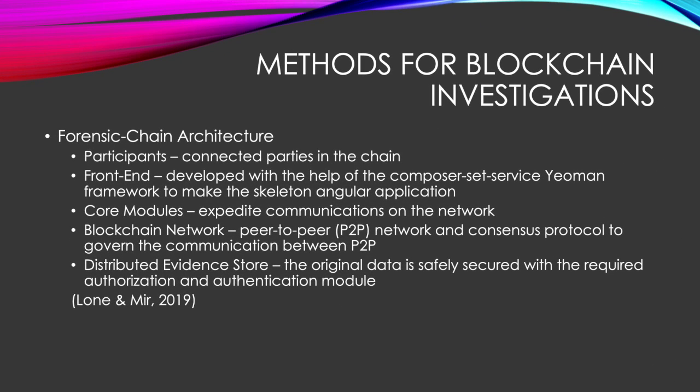There are a few methods for blockchain investigations. This one is the forensic chain architecture. Quickly, it goes over the participants. These are all the factors associated with the architecture of this forensic chain. The participants, which are the connected parties in the chain. The front end, which is developed with the help of the composer set service Yeoman framework to make the skeleton Angular application.